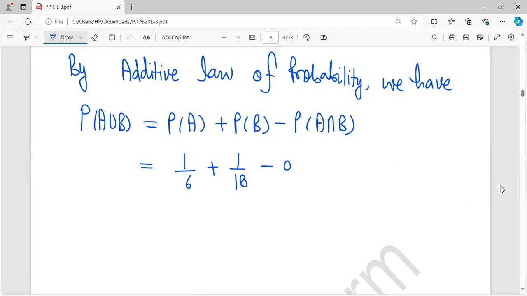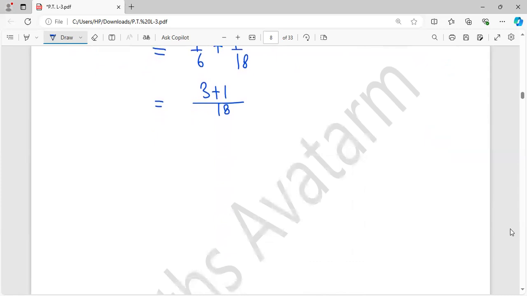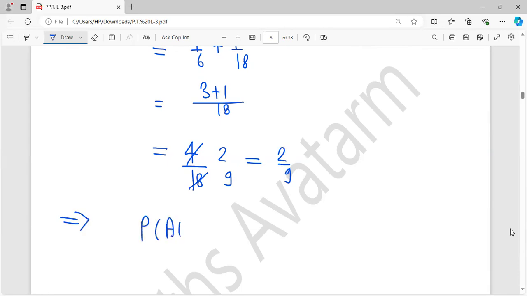So then this is 1 upon 6 plus 1 upon 18. Taking the LCM, this is 3 plus 1, so 4 upon 18. So this is 2 upon 9. So the probability of A union B is 2 upon 9.